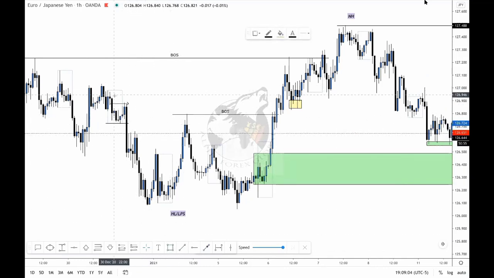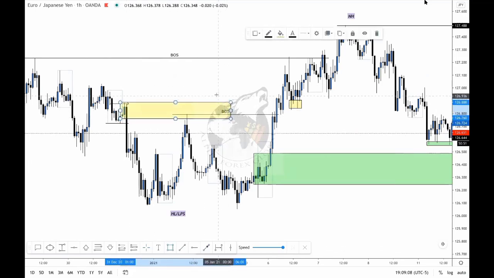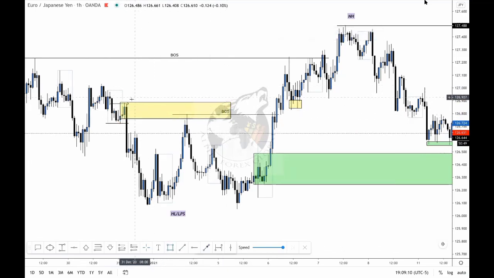So we would have a point of interest like this on a 1 hour time frame, because the market needs to come back to account for these buy orders, or close these positions, and then push down. And that is exactly what the market did. In this case, you would not use your fib to get 50% like this.